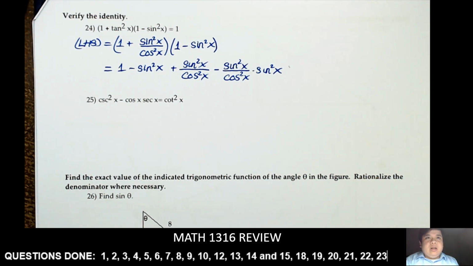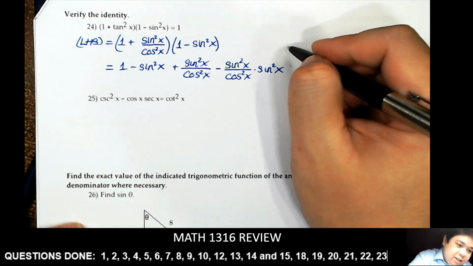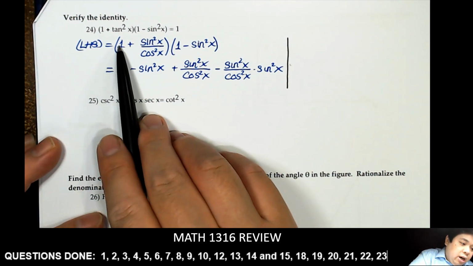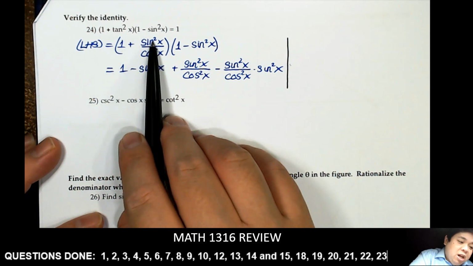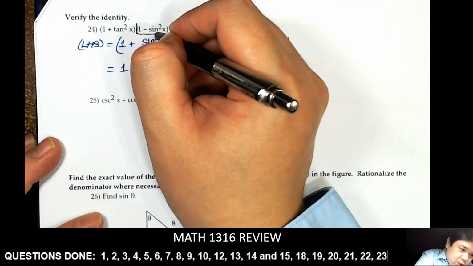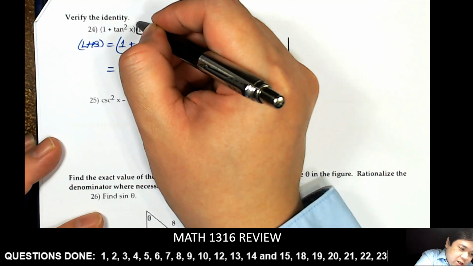It can, but it's not obvious. So let's try something else. That doesn't work this way. Try something else. We're still going to use 1 plus sine squared over cosine squared. But what we need to do is take a look at this.